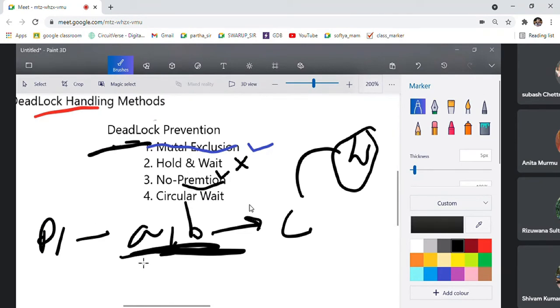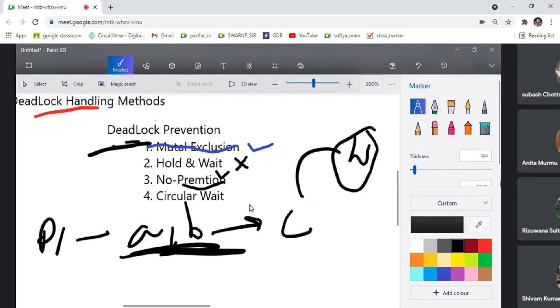That is, if a process is holding some resources and requests another resource that cannot be immediately allocated to it, then all resources currently being held are preempted. उसको छोड़ना ही पड़ेगा. So if we make sure hold and wait is not there, then also deadlock will not occur. Or if you cannot do that, and if you force your system that preemption is there, then also deadlock will not occur. Now the fourth is your circular wait.